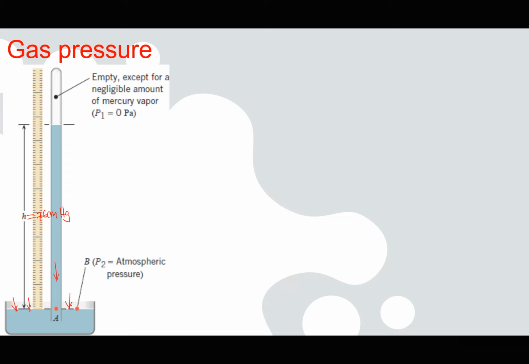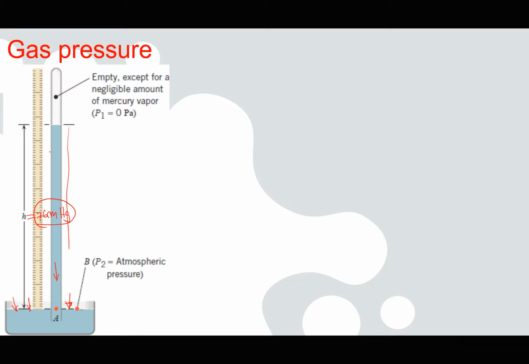So the atmospheric pressure cannot push the liquid any further. It balances with the pressure due to the height of the liquid in the tube, which is 76 centimeters of mercury. So if it can't push the liquid any further into the tube, it means the atmospheric pressure outside is balancing with the pressure due to this height.